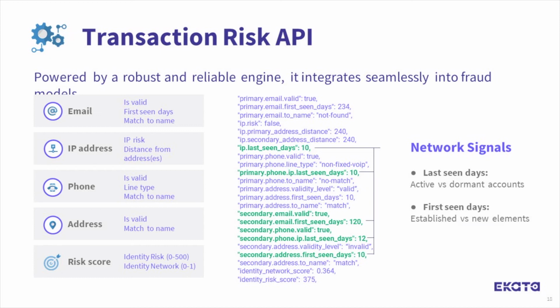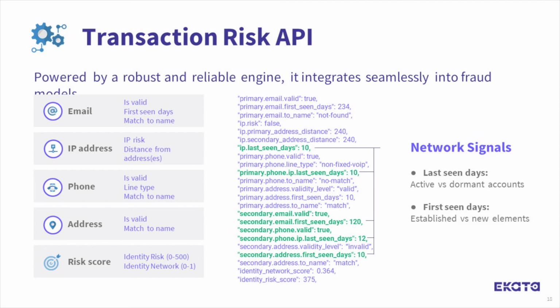We check that before we return a response to you. We check the match to name, so whether the email and the phone match the name that's provided, and then we provide metadata about the entries you have given us, for example the line type of the phone.